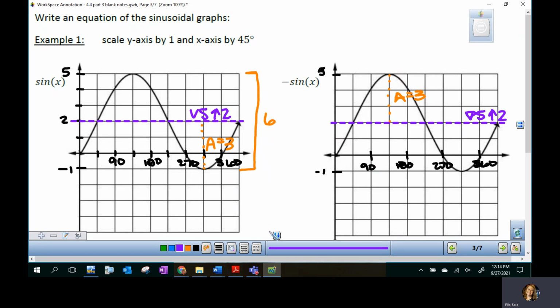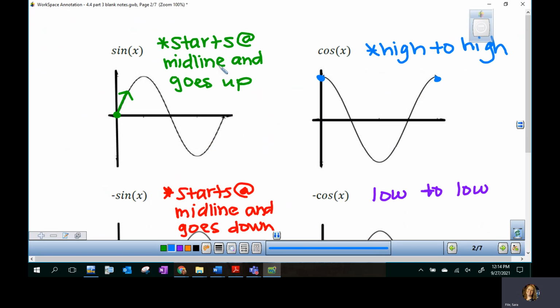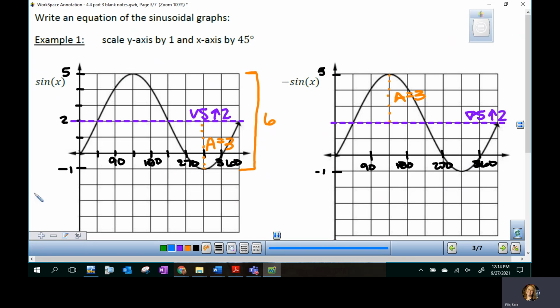All right, now, where would a sine cycle begin here now that I see the midline? Sine, we said, starts at the midline and goes up first. Okay, right here at 45 degrees, we're on the midline and it's going up from there.